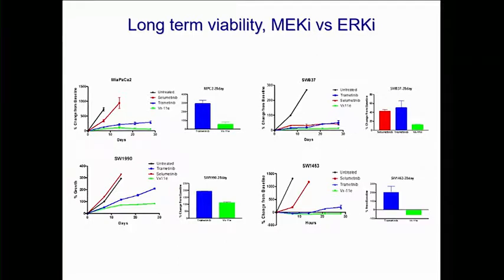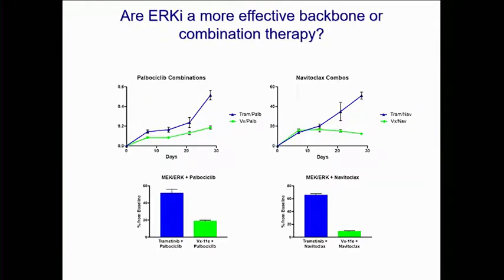In some cases, we see primarily a cytostatic effect, some not quite as strong. But in some cases, we actually see some reduction in cell number overall, suggesting that perhaps even with really strong and optimal MAP kinase pathway inhibition, we may lead to cell death in some models. And this might be consistent with a rare patient or two who does have a response to this drug. Importantly, MEK inhibitors have been involved in almost every combination trial we've looked at for KRAS mutant cancers.